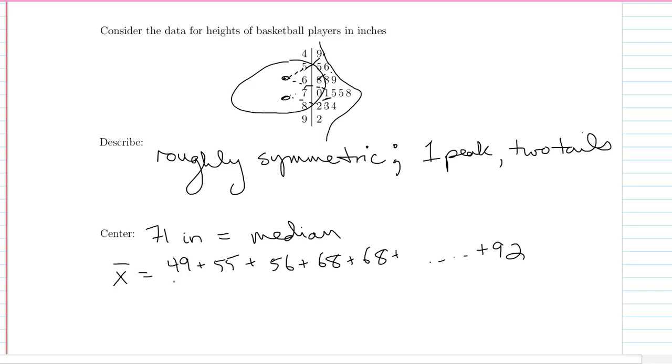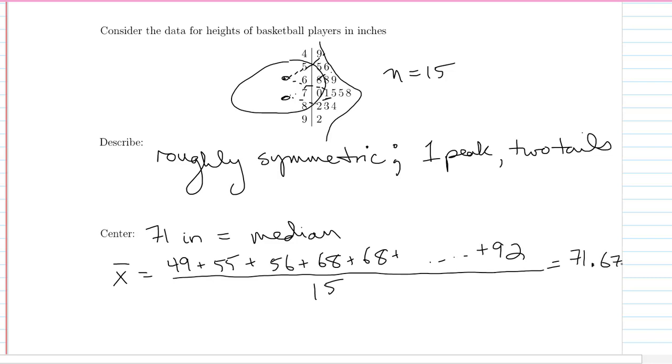And we just established that 7 plus 7 is 14 plus 1 more is 15, so n is equal to 15 here. So I'll just write that here so we don't forget. Alright, and this is equal to 71.67 inches.